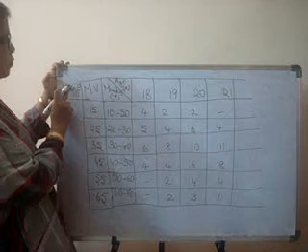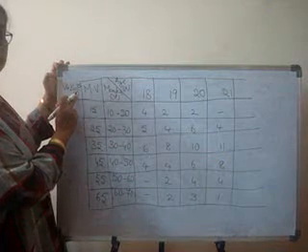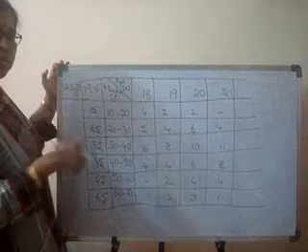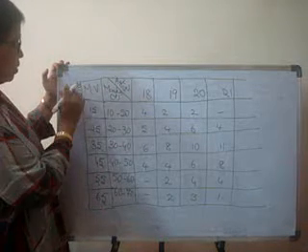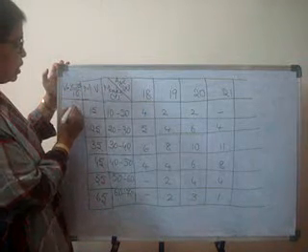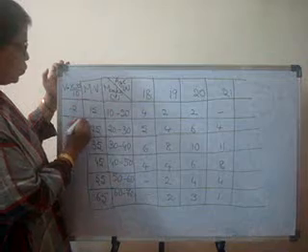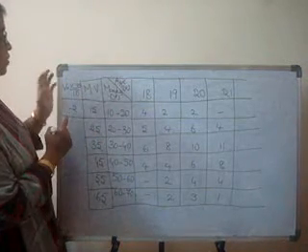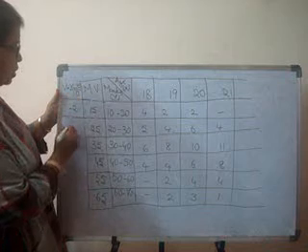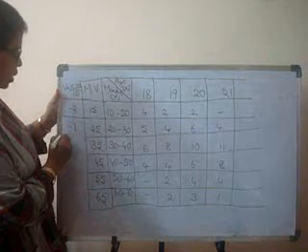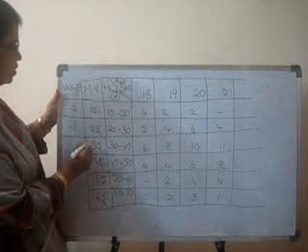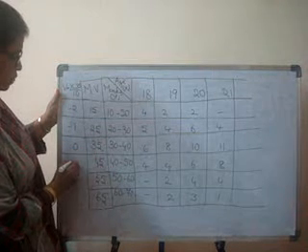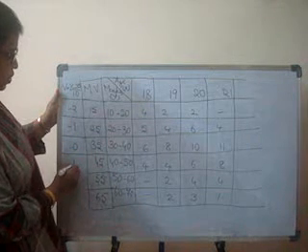So 15 minus 35 is minus 20, minus 20 divided by 10 is minus 2. Here 25 minus 35 is minus 10, divided by 10 is minus 1. 35 minus 35 is 0. 45 minus 35 is 10, 10 divided by 10 is 1.